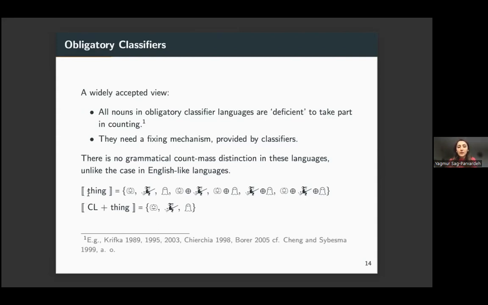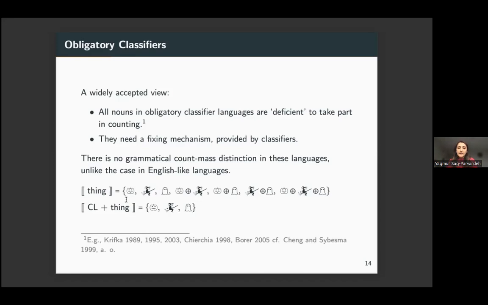So when you say thing, in Turkish or in English, it would be an atomic set, but in such languages, since there is no distinction between singularity and plurality, a noun like thing would denote everything, atomic individuals as well as its pluralities, just like what we assume for our plural nouns, like things.